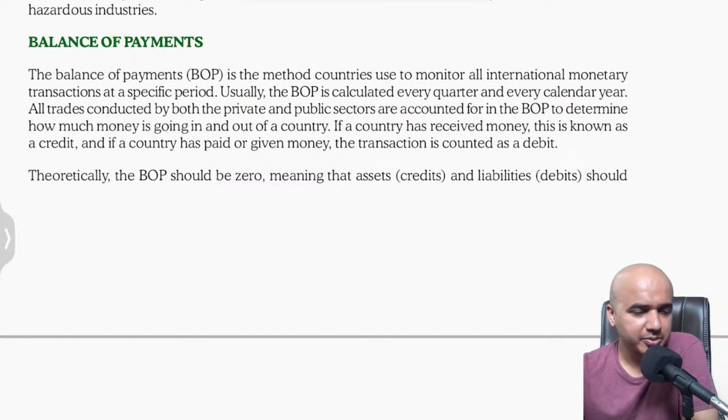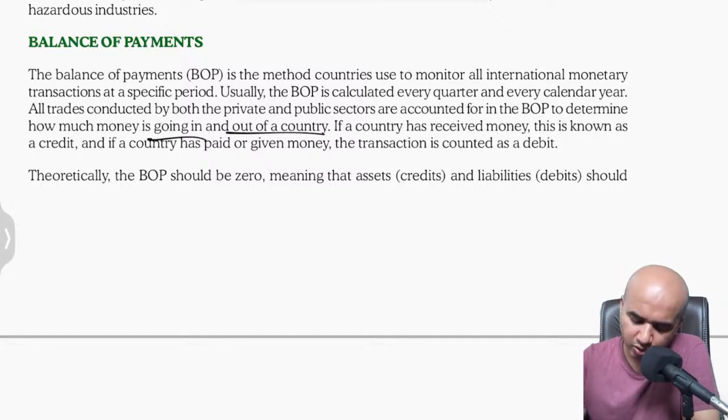All trades conducted by both the private and public sectors are accounted for in the BOP to determine how much money is going out in imports and coming in from exports. We are exporting and the money comes into the country. We import and the money actually goes out.